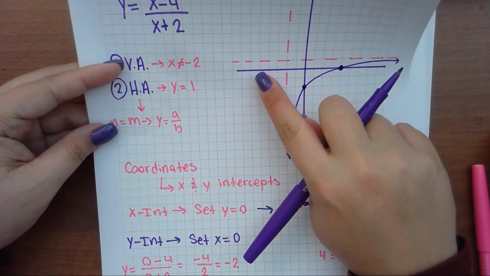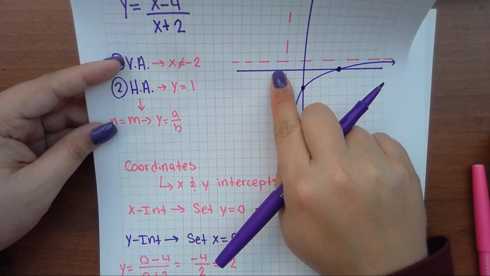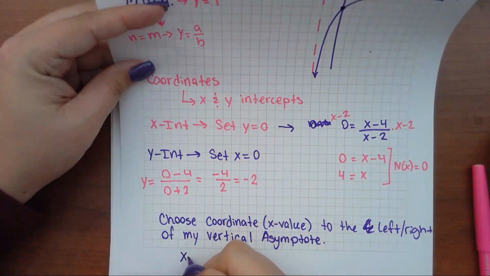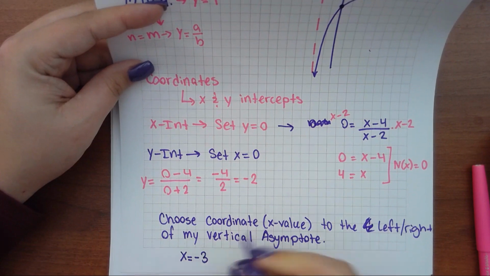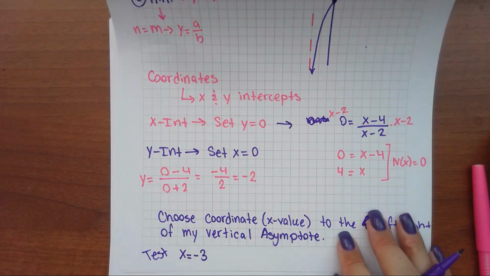Now, my vertical asymptote is x equals negative 2. Directly to the left is x equals negative 3. I am going to choose directly to the left and test x equals negative 3. So what that will do is it'll give me an additional point to graph.